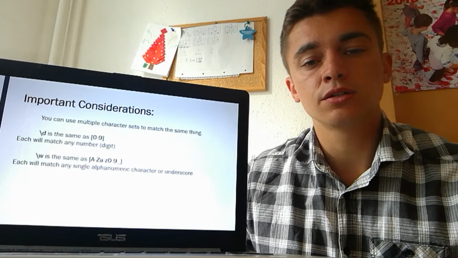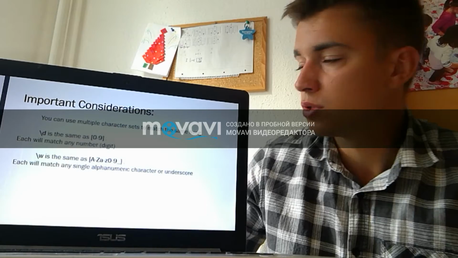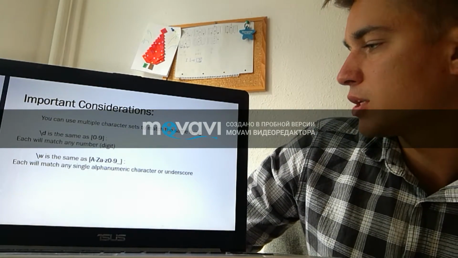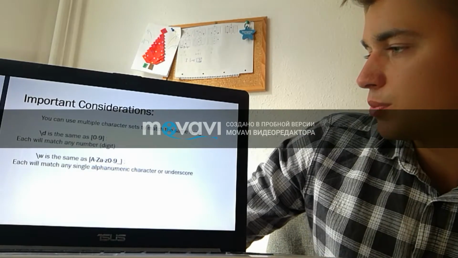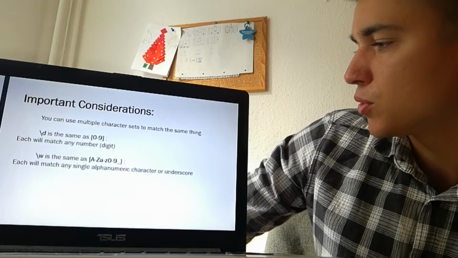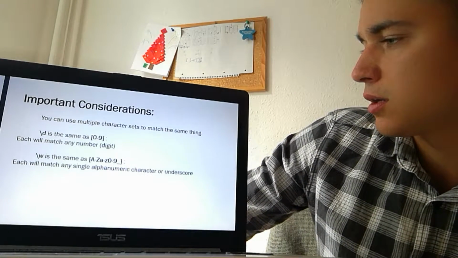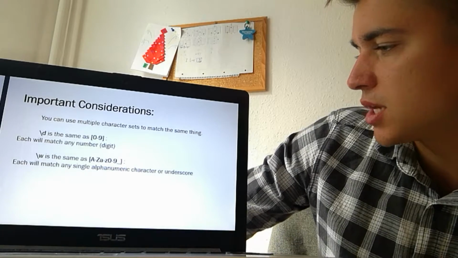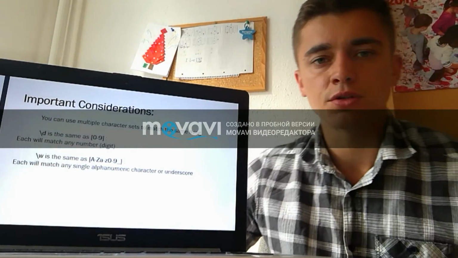And as an additional aside, it's important to know that you can use multiple character sets to match the same thing. For example, \d is the same as numeric digits from 0 to 9, and \w is the same as alphanumeric characters or underscore.